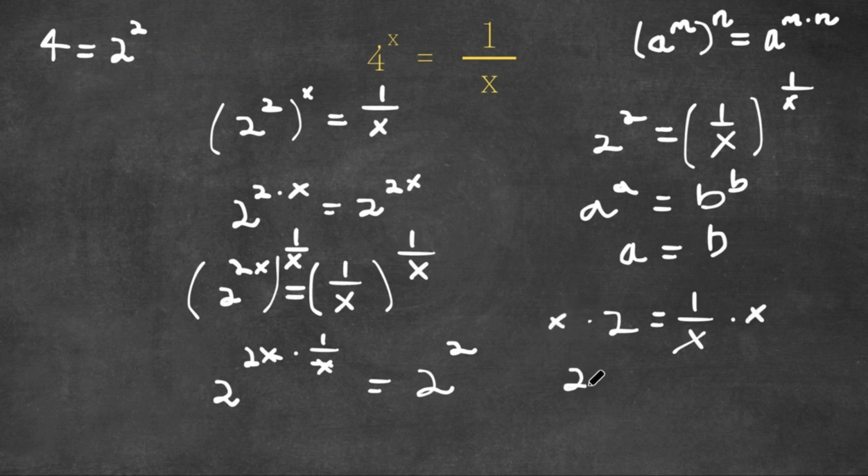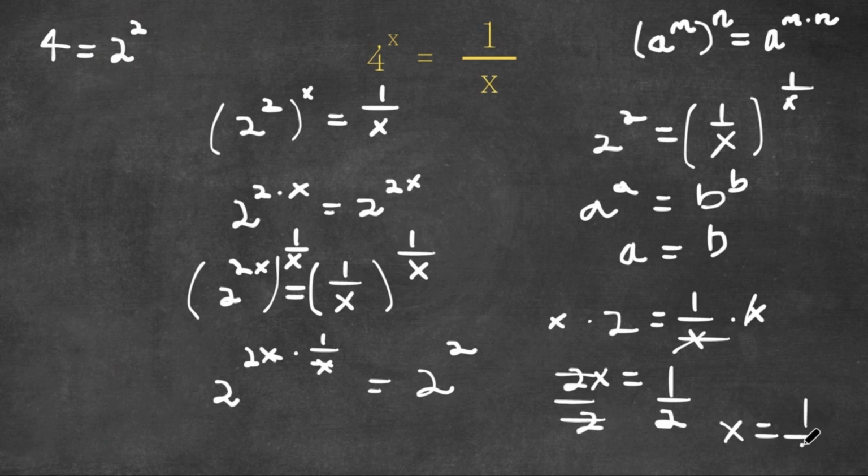So now we get 2x is equal to, these two x's cancel out, so 1. Now if I divide both sides by 2, these two cancel out, and I get x is equal to 1/2. So that's our answer.